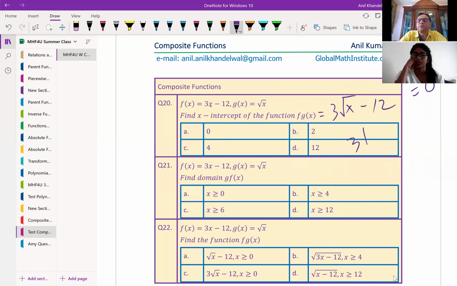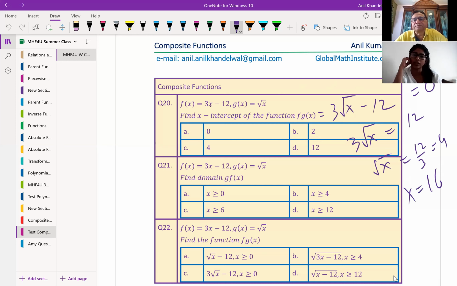So I get 3 square root of x equals 12, and square root of x is equal to 12 by 3, which is 4, right? And so x is equal to 16. Clear, right? So I typed it wrong. This should have been 16. And that's how you will get the answer. So in this particular case, it was very simple to write this. Okay. I agree with you.